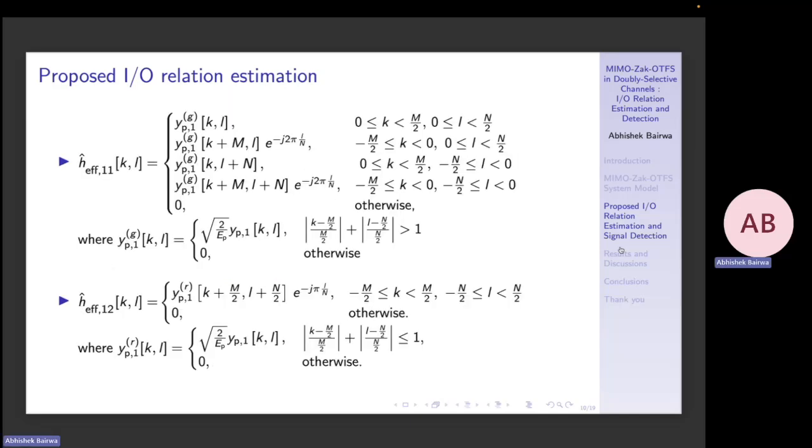So we use these equations to obtain the estimate of H effective 11 from the received pilot symbols. What makes it work is that when the impulse pilot interacts with the H effective channel via twisted convolution, the H effective channel is translated to that impulse location with some phase term, and we can easily get the information of H effective from the received pilot symbols.